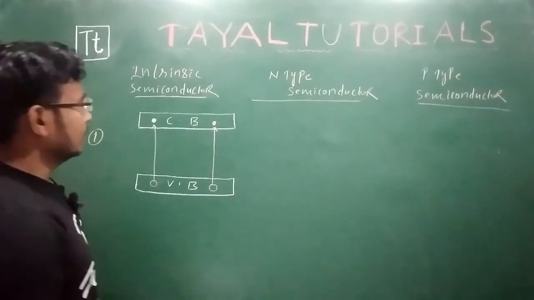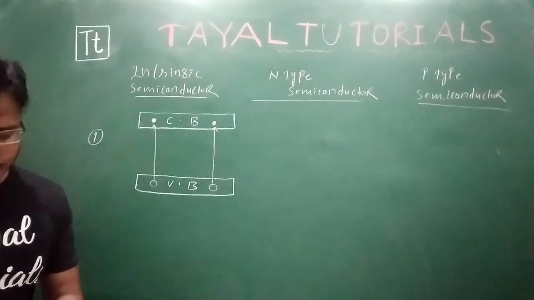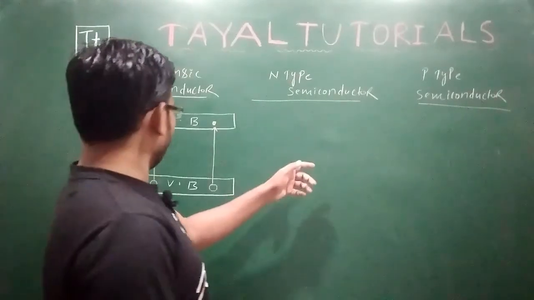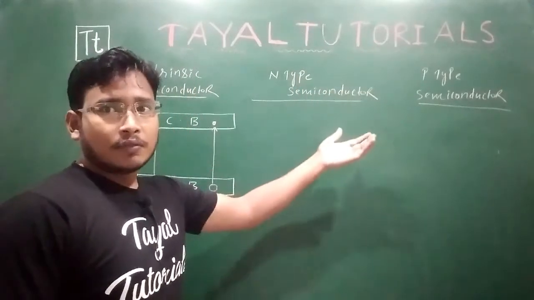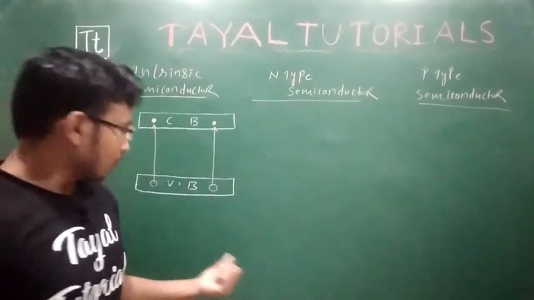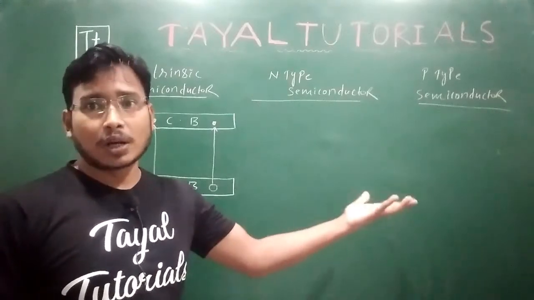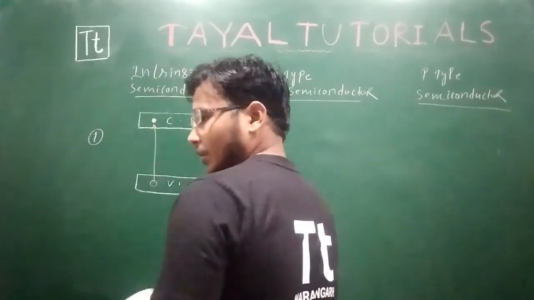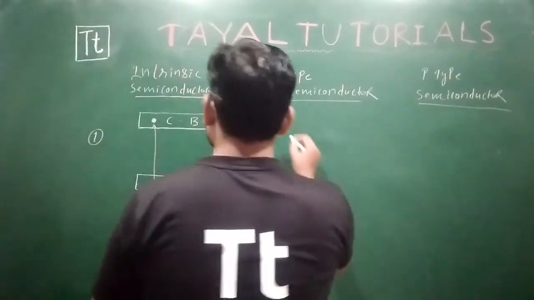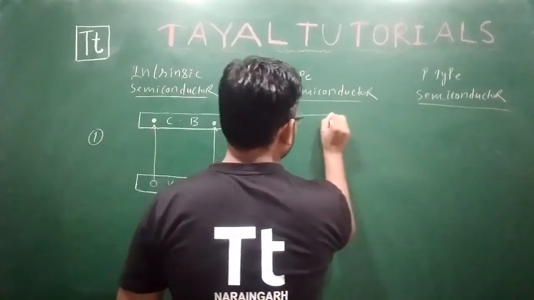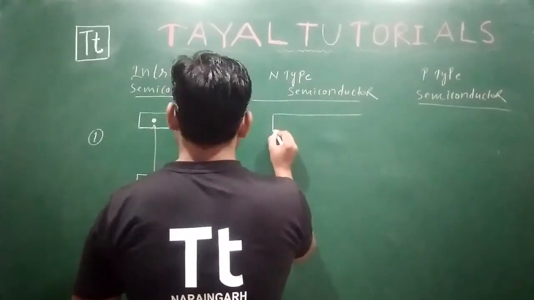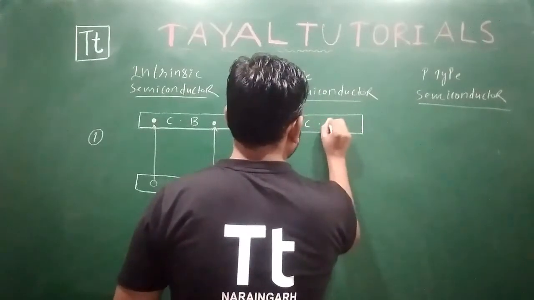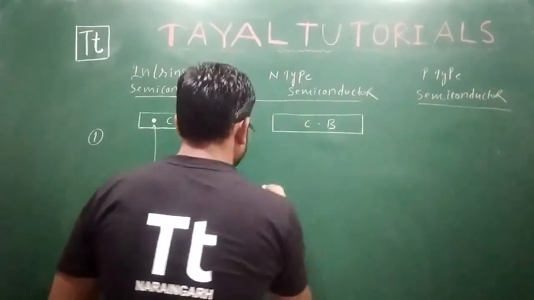Next, when it comes to the n type of semiconductor, there is a possibility of getting an electron to the conduction band from two places. The first is from the valence band, the second is from the donor level. Let's see how the graph will be. The first thing is conduction band as usual, and this is your valence band.